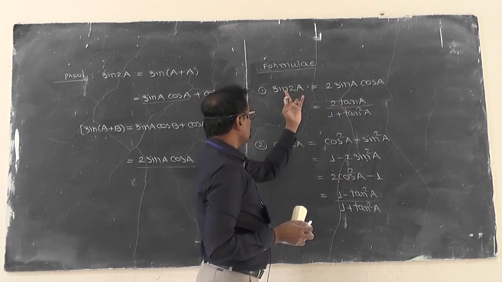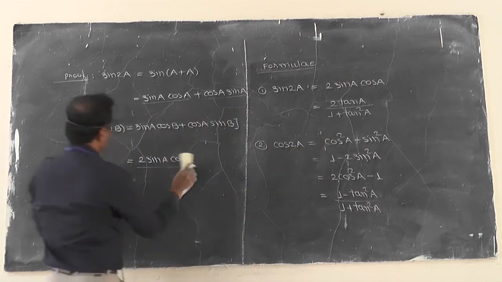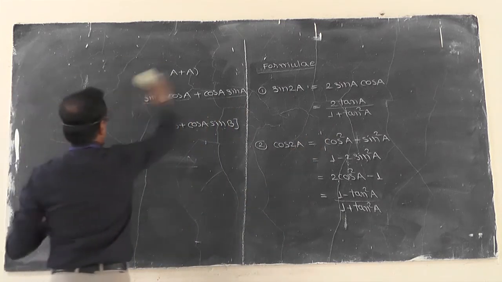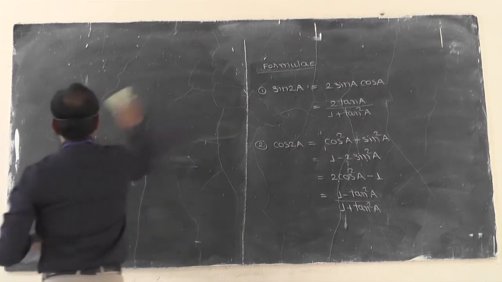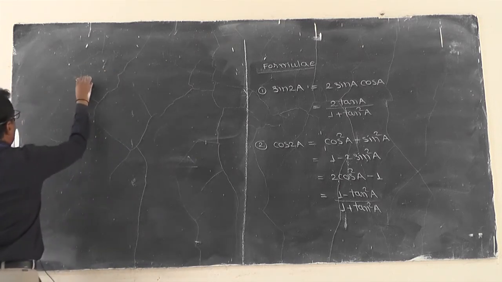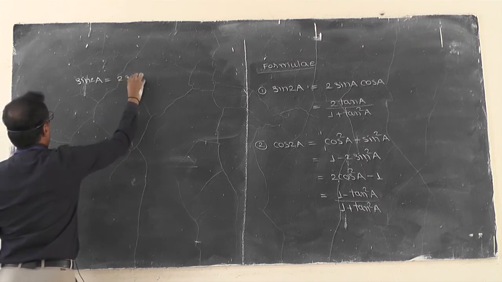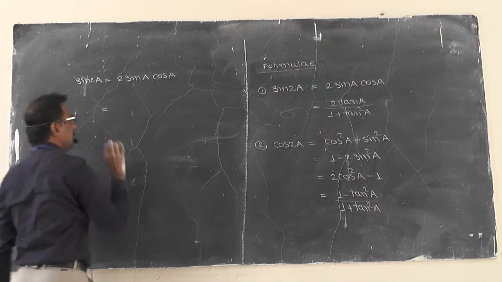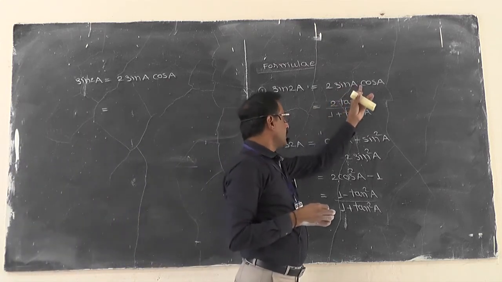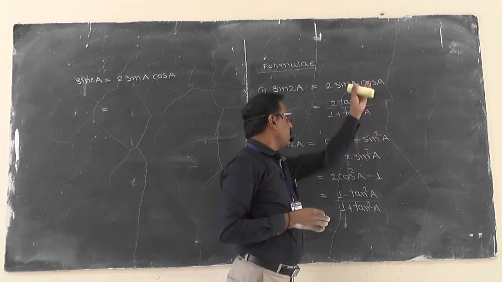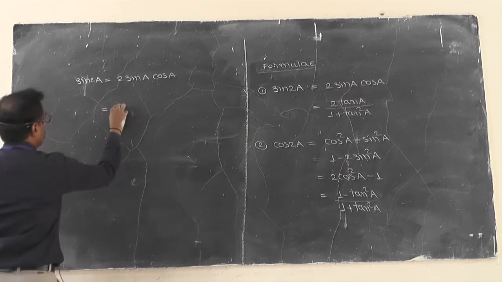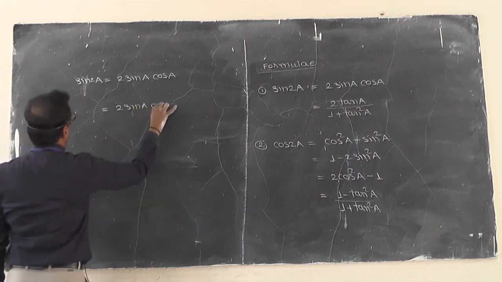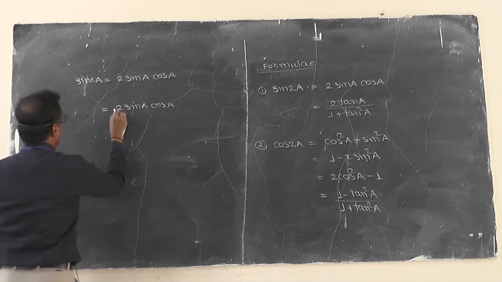If we want sin 2a in the other fashion, then we will also write it on the same track. You know the original formula for sin 2a is 2 sin a into cos a. This formula arises from the original formula. What is the denominator of this function?